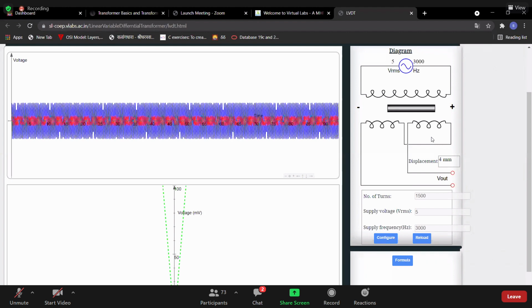The core is used to change the displacement, so that we get the differential output voltage.